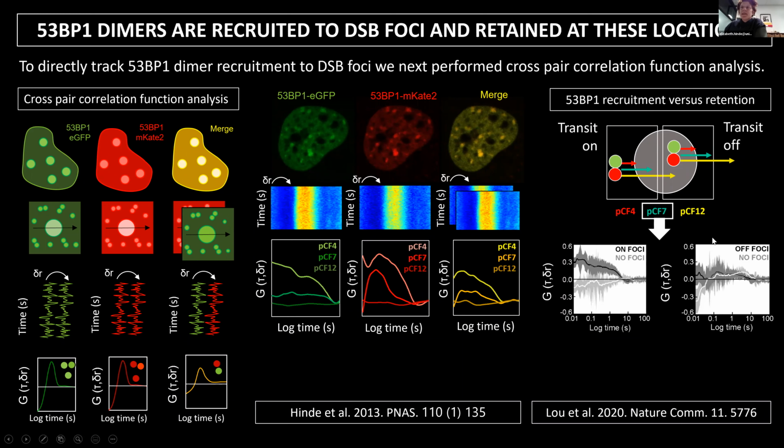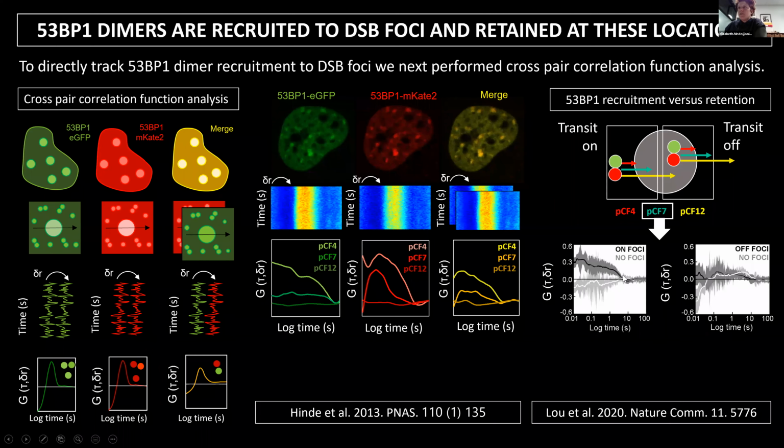And what we found is that when you do this at a distance of 7 pixels, if there is no foci, you can't detect 53BP1 movement on this spatiotemporal scale. But only when a foci is present, as shown here, you see a large population of molecules diffuse onto this structure on a fast time scale, or the limit of our line scan actually.